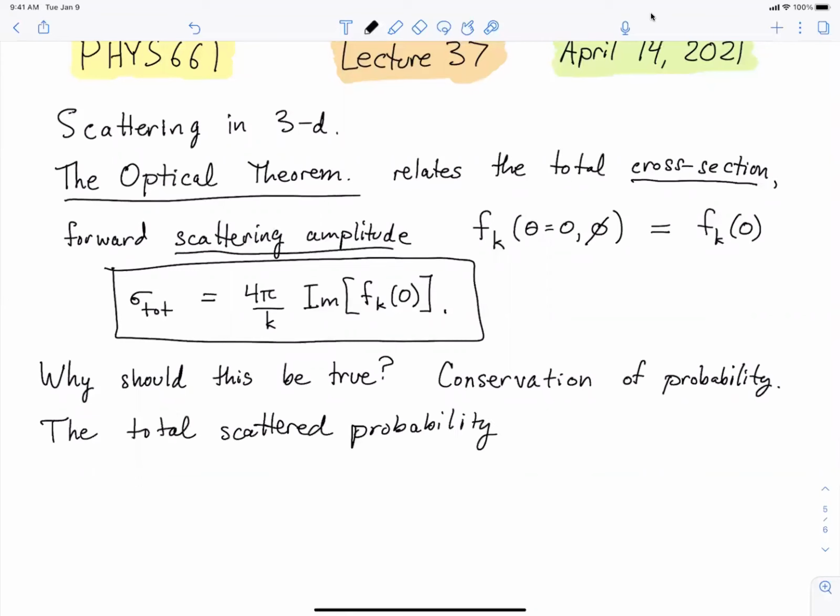And so it must come from the depletion of the beam. Which interferes with the forward scattering amplitude.